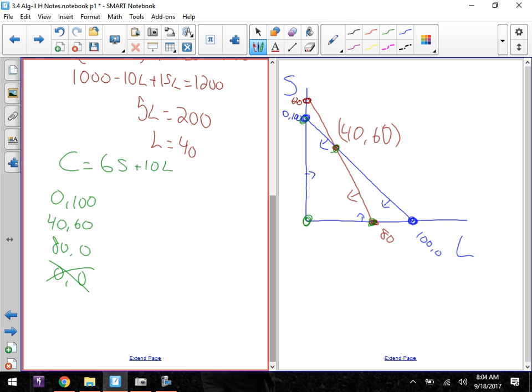Now, real fast, I just noticed this. Notice how I have mine labeled as L and S? No. See how S and L is flip-flopped? Be careful when you substitute in. Remember what goes where.